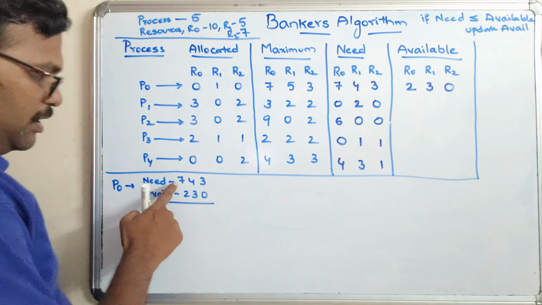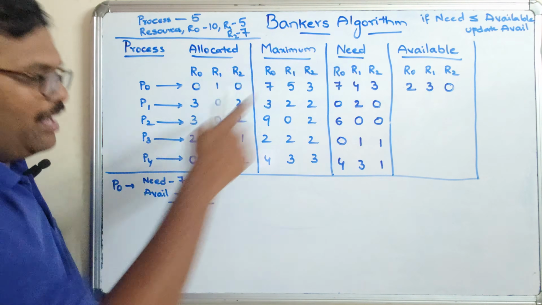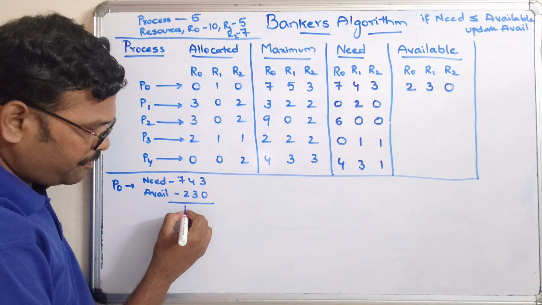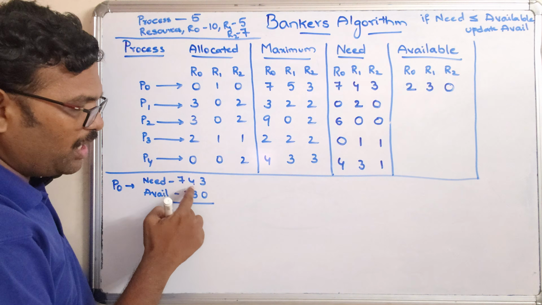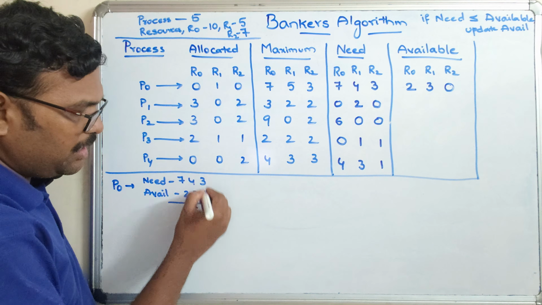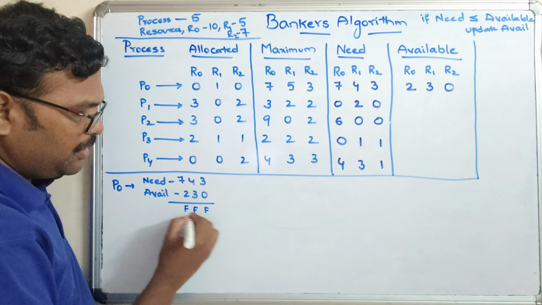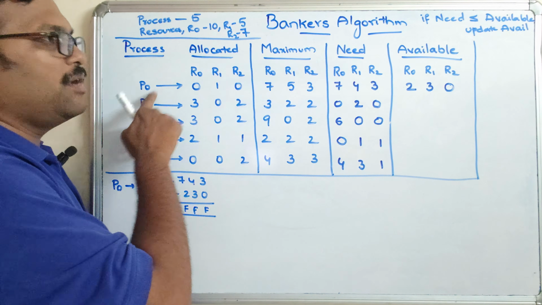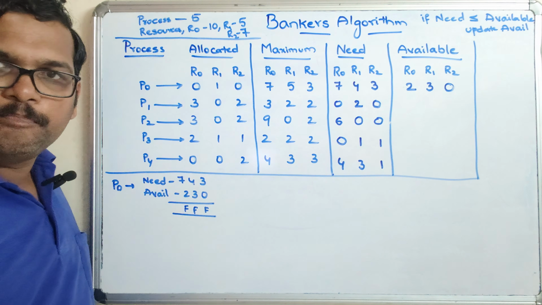So 7 less than 2, false. 4 less than 3, false. 3 less than 0, false. So P0 can't complete its execution with the available resources.